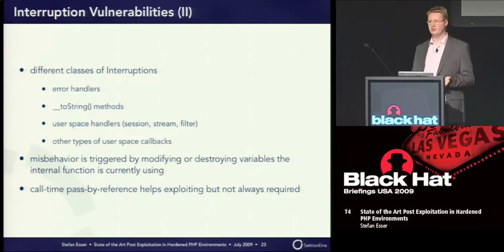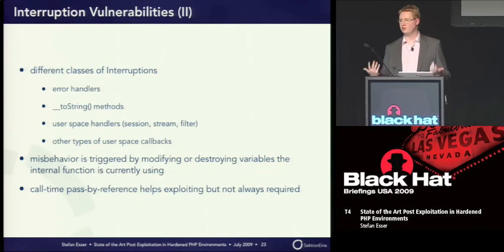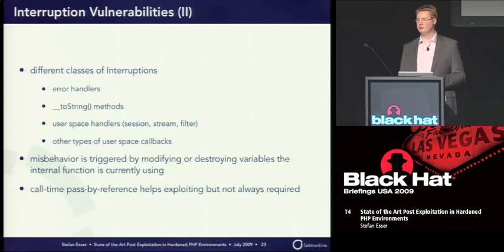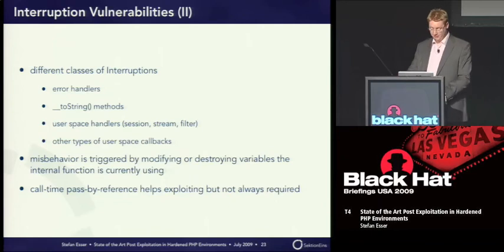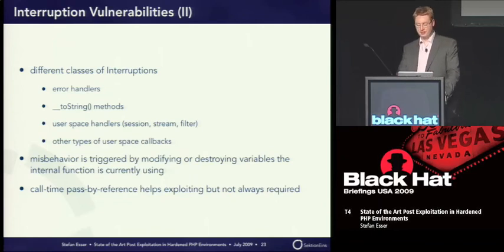Another thing is, in PHP 5, an object has a toString method, and if an internal function needs a string instead of an object, then it will call this toString function, which of course is an attacker-supplied PHP function, and this could do harm, maybe. You have user space handlers for sessions, streams, and filters in PHP 5, and other types of user space callbacks that can maybe or maybe not, depending on the internal function, disrupt the function.